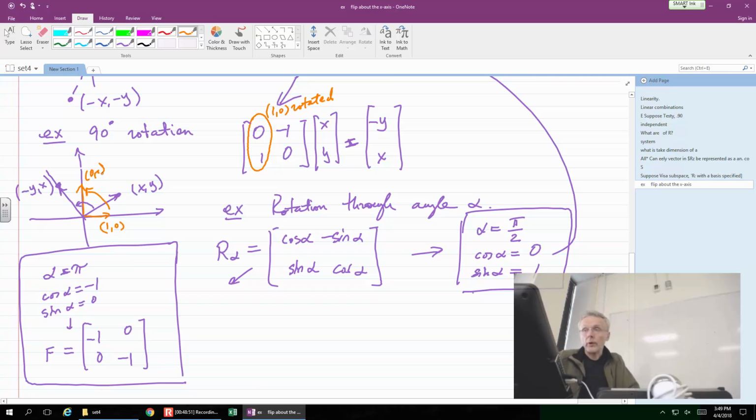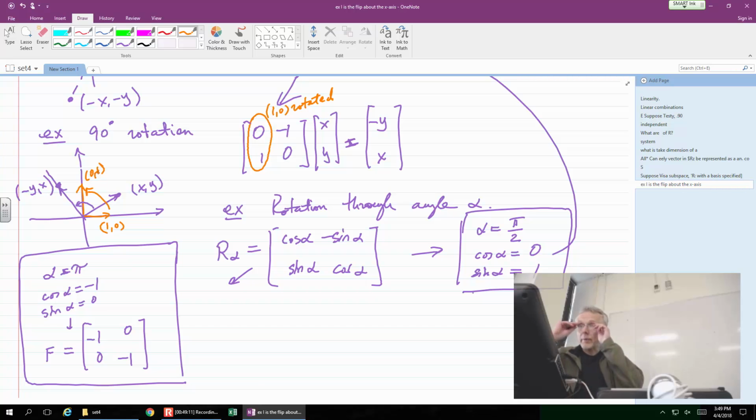So in other words, it is the image or the value of my function at the first basis vector. So 1, 0, where does it go? It goes to 0, 1. So bam, the whole column of my matrix is found.